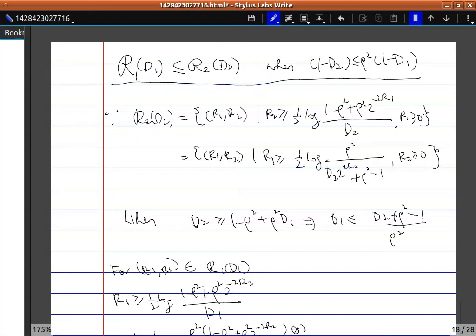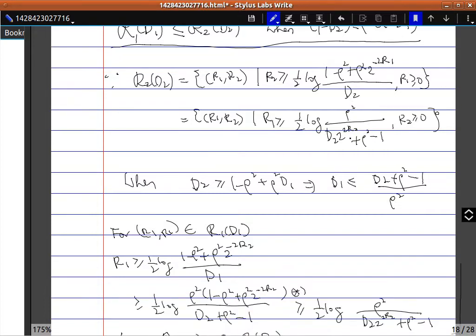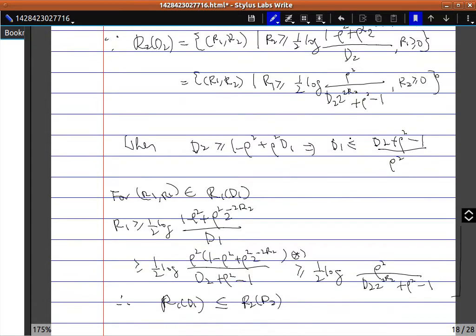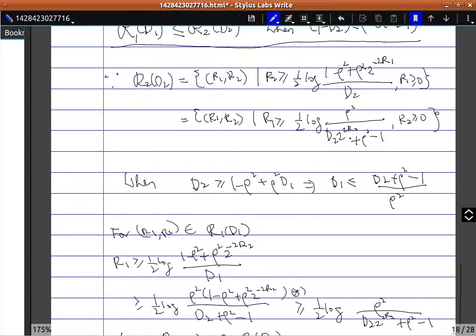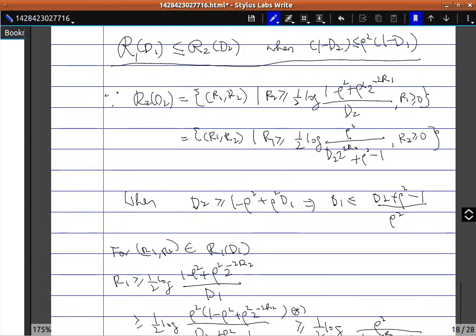Instead of R1 being a dummy variable, we have R2 as a dummy variable, and R1 will be bigger than or equal to this guy here. And when this condition is satisfied, it means that d2 is bigger than or equal to this guy here, or we can write D1 is less than or equal to this guy here.